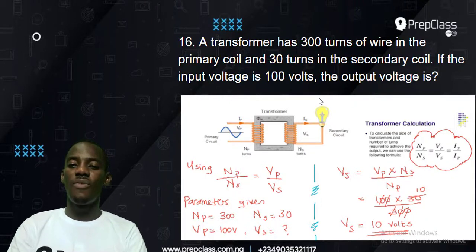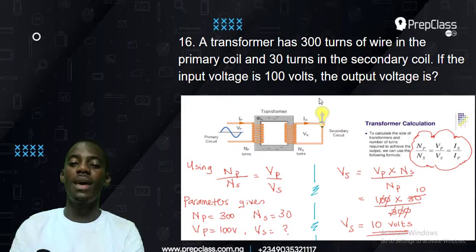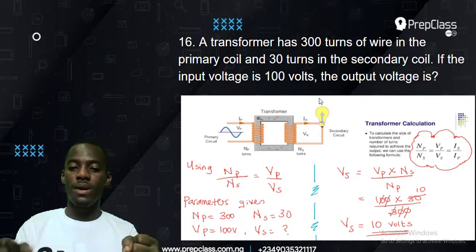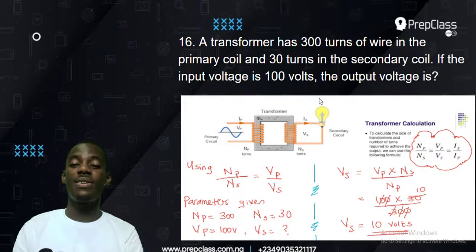Now let's use the formula. The transformer has 300 turns of wire. You know the number of turns determines the amount of voltage the transformer will have. Every transformer, like in my diagram there, has a primary coil and a secondary coil, or primary windings and secondary windings.